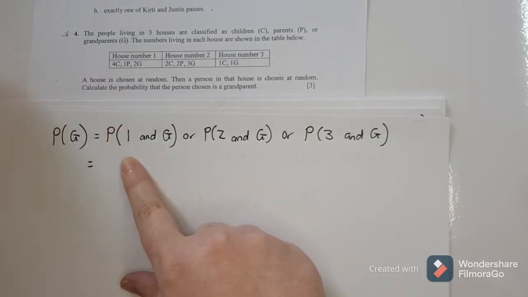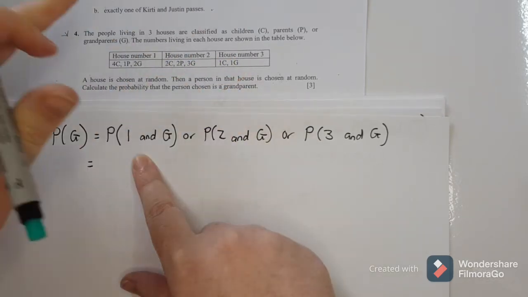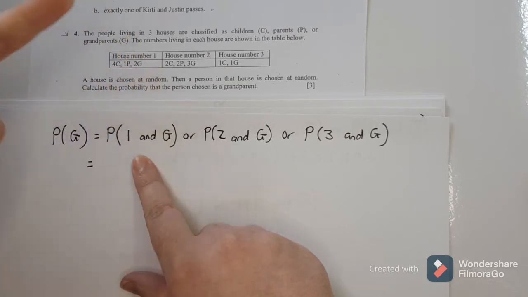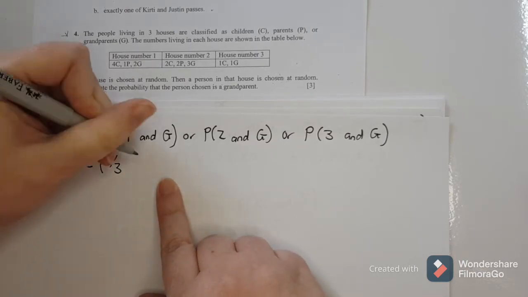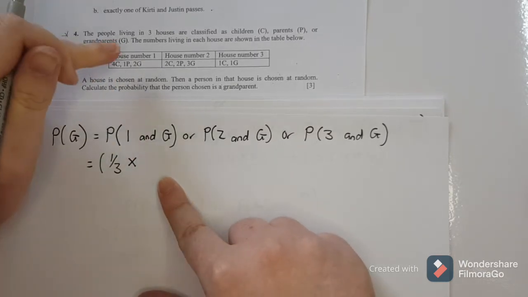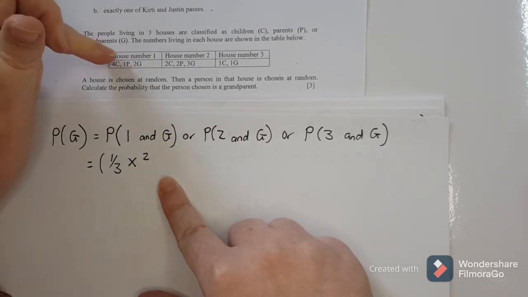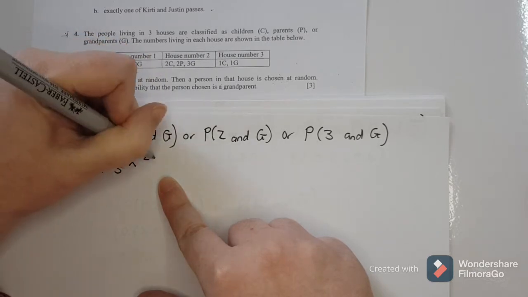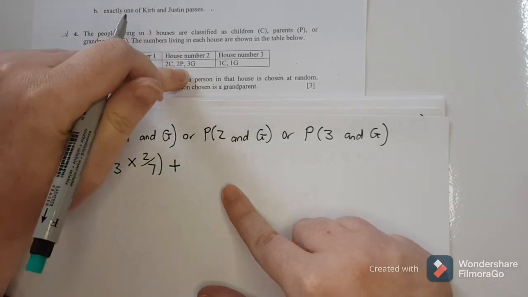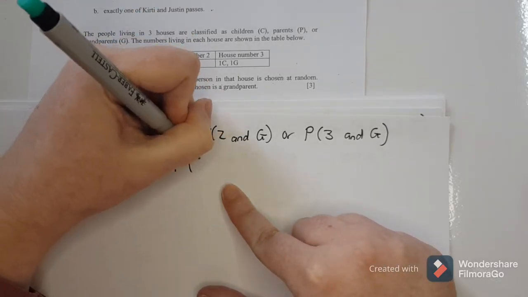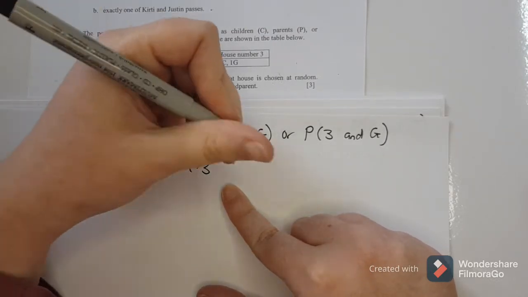So if we look at the probability of choosing the houses, there's 3 houses, so the probability of choosing house number 1 would be 1 over 3. So we've got 1 over 3 times grandparents in that house. There's 2 grandparents to choose from out of a total of 7 people living in that house. Or, so we add, choosing house number 2 has a probability of 1 over 3, because there's only one house number 2 out of the 3.